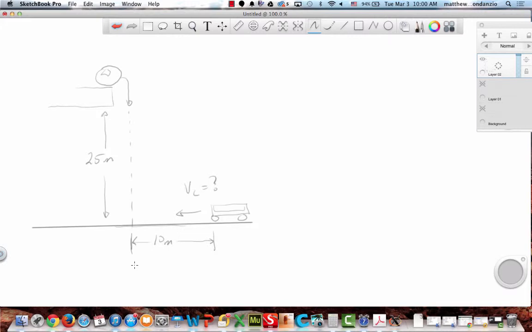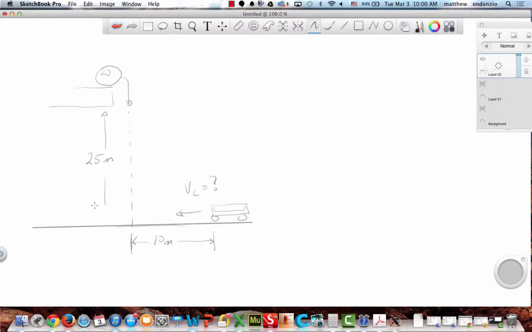The cart is moving at a velocity that I want you to determine. What is the velocity the cart has to go for the ball to be caught by the cart? If it's 10 meters away from the drop zone? 25 meters. It's 25 meters to the top of the cart.